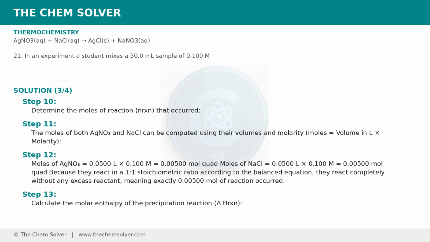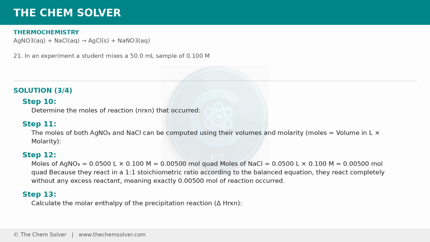Moles of NaCl equals 0.0500 liters times 0.100 molar equals 0.00500 moles, because they react in a 1-to-1 stoichiometric ratio according to the balanced equation. They react completely without any excess reactant, meaning exactly 0.00500 moles of reaction occurred.